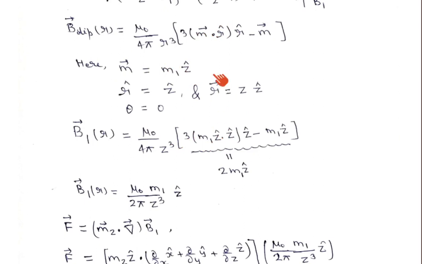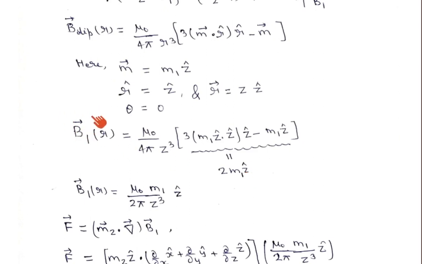The m1 z unit vector dot product r unit vector, that is z unit vector, outside the bracket, minus the m vector, that is m1 z unit vector. If you do z unit vector dot z unit vector, that is basically 1. So 3 m1 z unit vector minus 1 m1 z unit vector will be equal to 2 m1 z unit vector. So this will be the value.